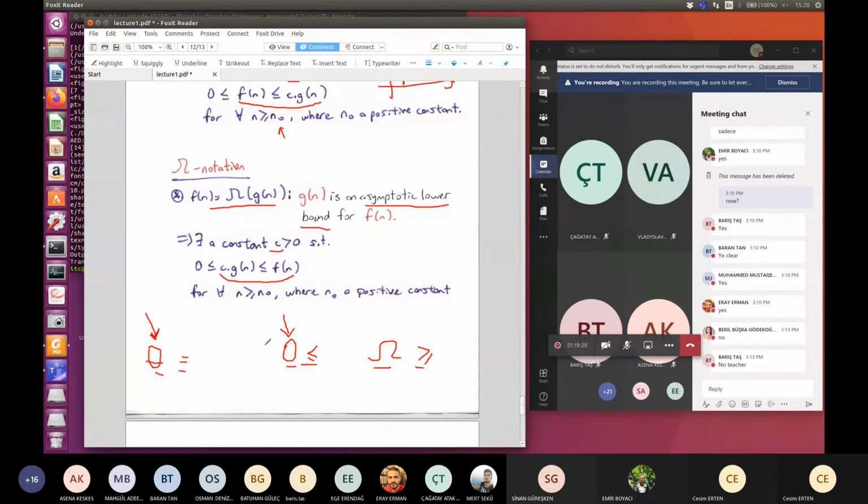If we cannot do it, then the next best thing to do is to find a big O, at least an upper bound for that running time. Because in that case, we will know that the algorithm will have at most that much running time. It will not be any bigger than that. Okay.